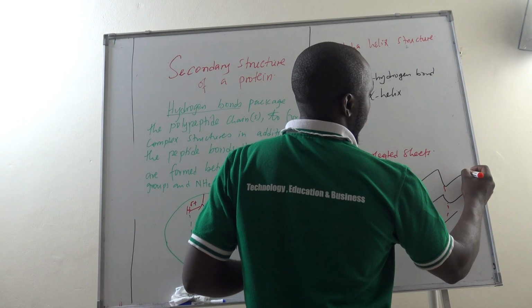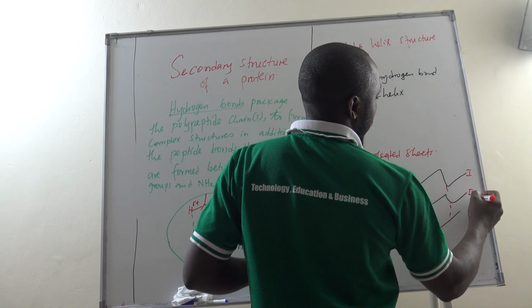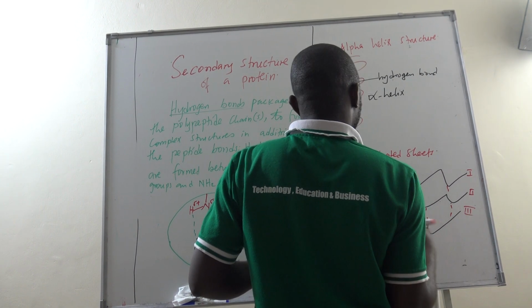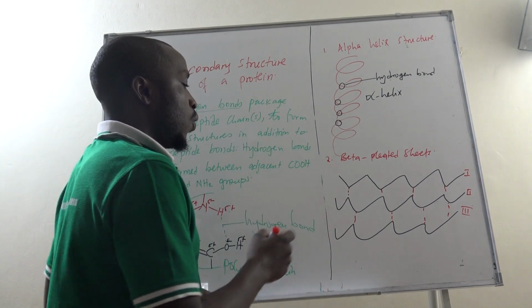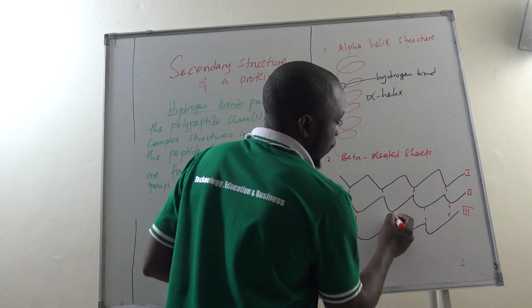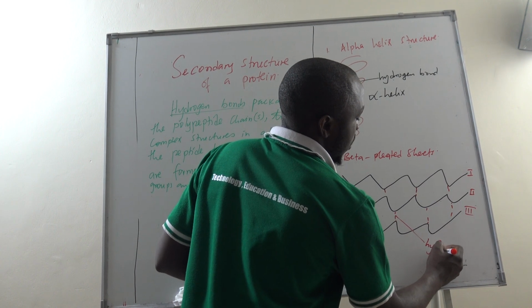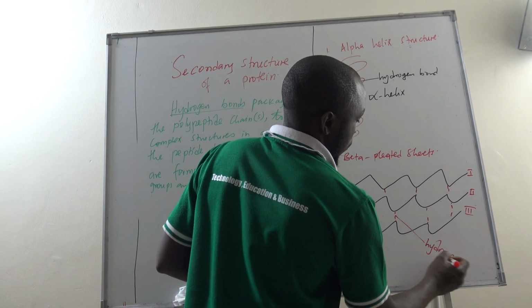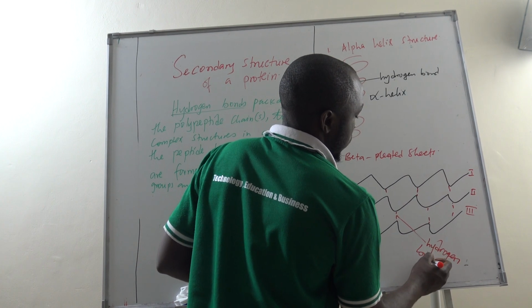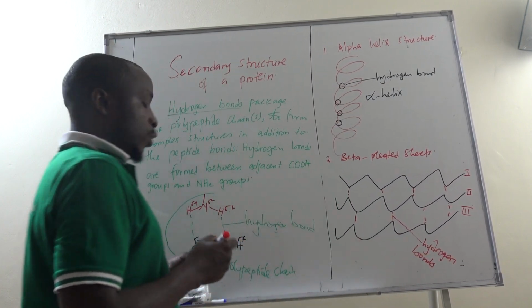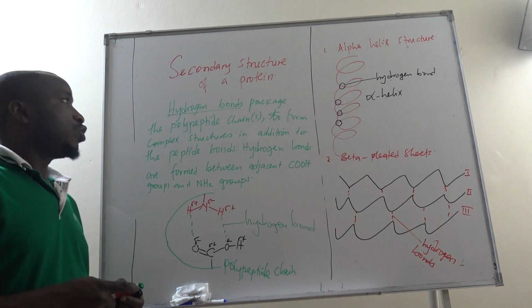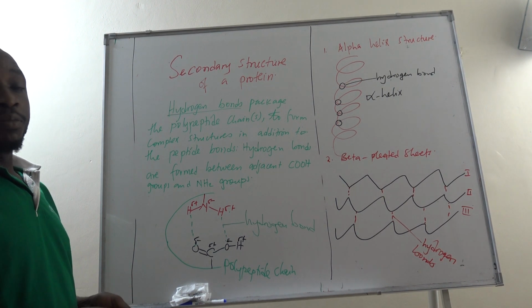Let's say this is chain 1, chain 2, and chain 3. So this functional protein will have 3 polypeptide chains linked together by hydrogen bonds. So those are the two structural arrangements of proteins.